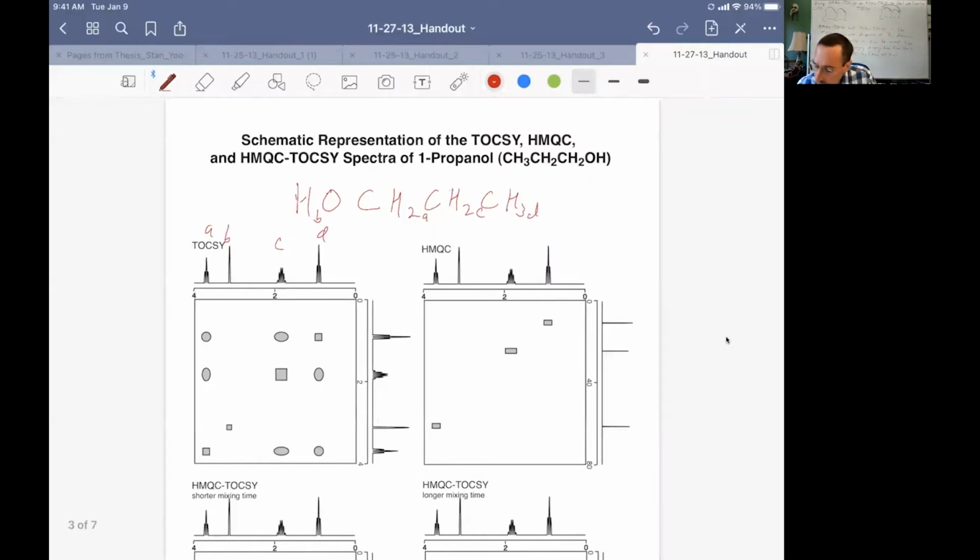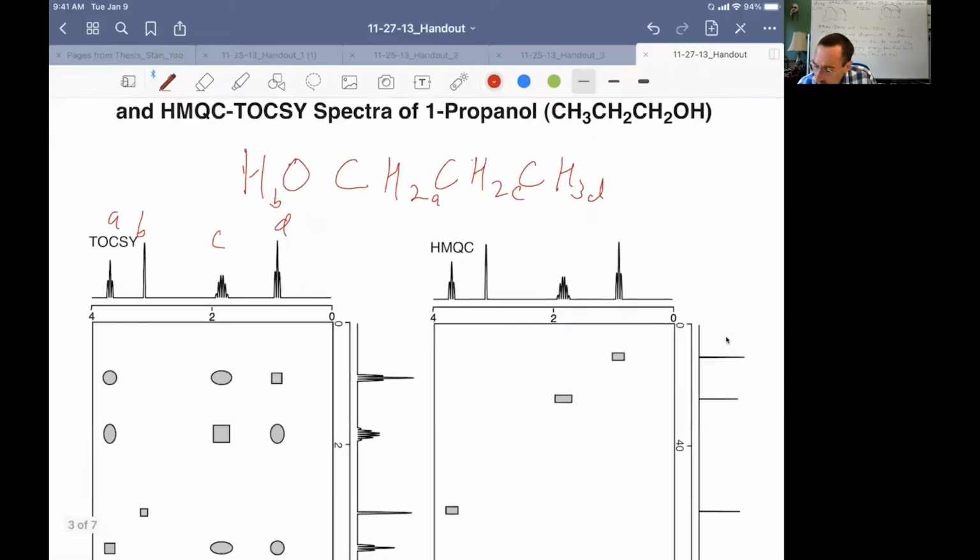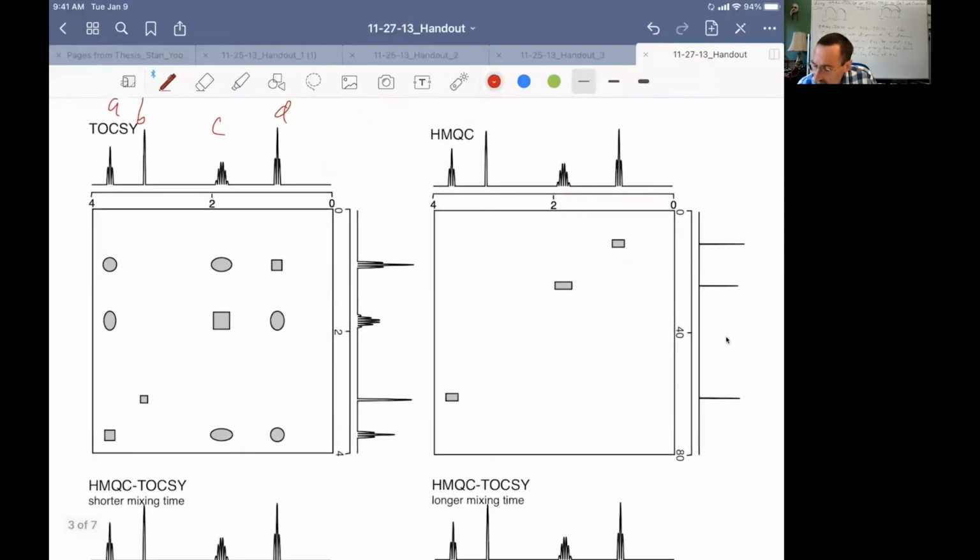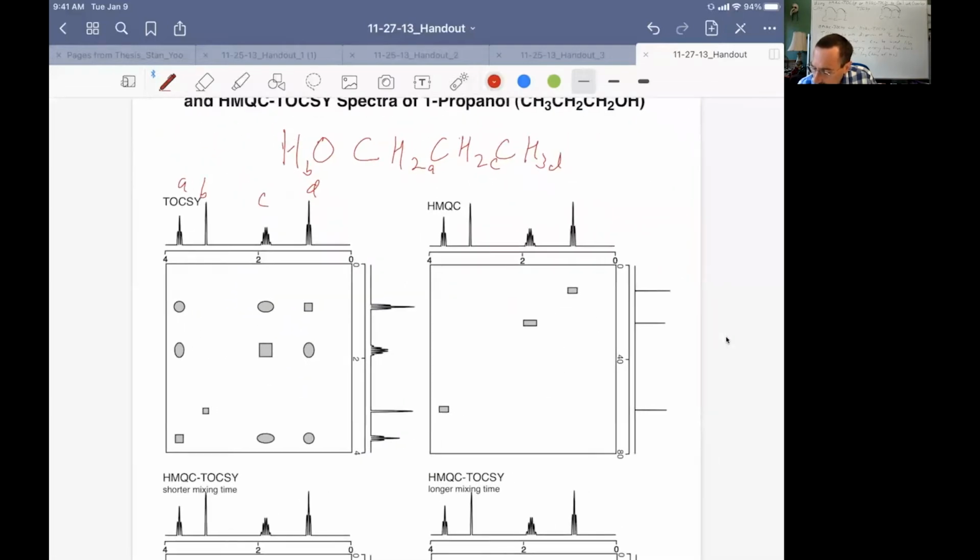And so remember, in a TOCSY spectrum, we have our diagonal here, and then we have our cross peaks. So A crosses with C, and that's a COSY-like cross peak.